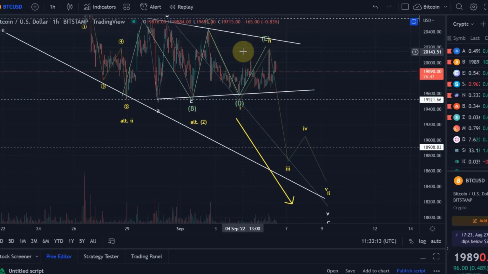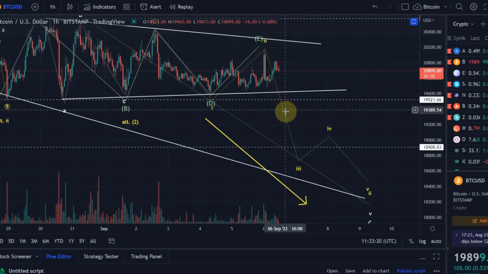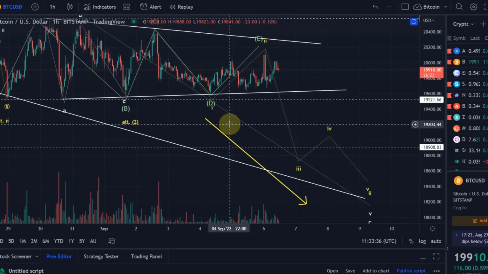Because it could very well be that only this was the 1 and the 2, which would indicate this is a very short wave 1, and that could indicate that the dip to the downside will be rather short, because you have your 1, 2, then the wave 3, normally the 1-to-1 ratio or the 1.618 extension of the wave 1. So we might actually end up above the 18.9k level. So that's just speculation at the moment.